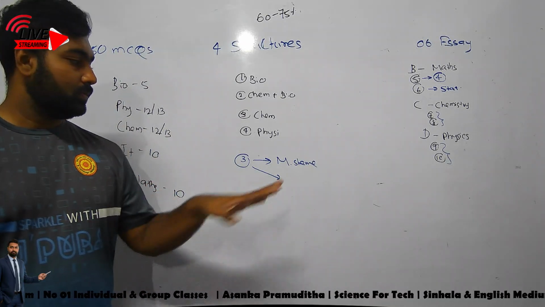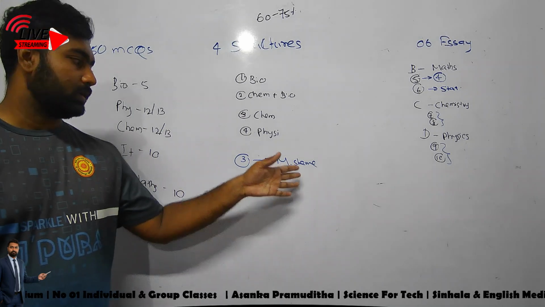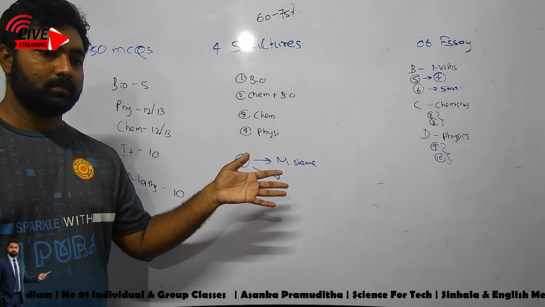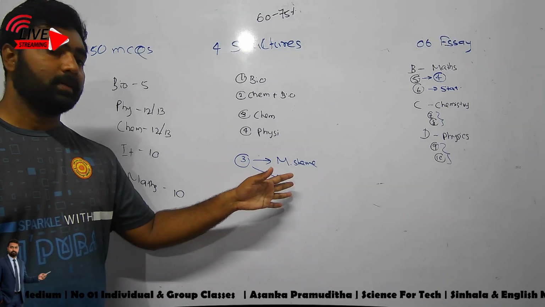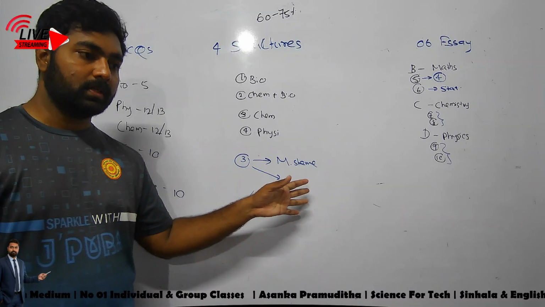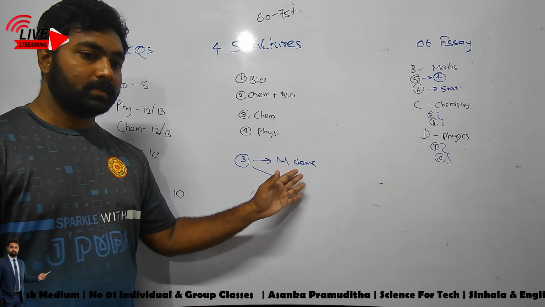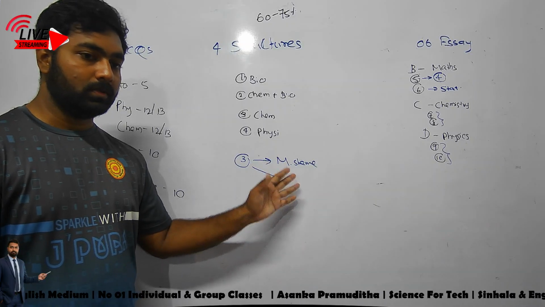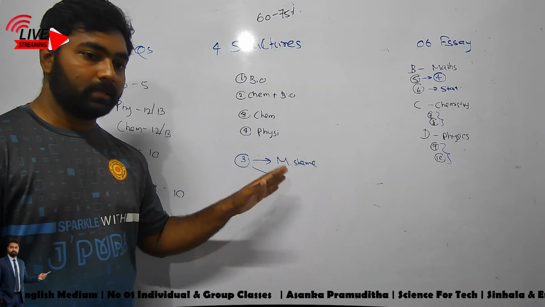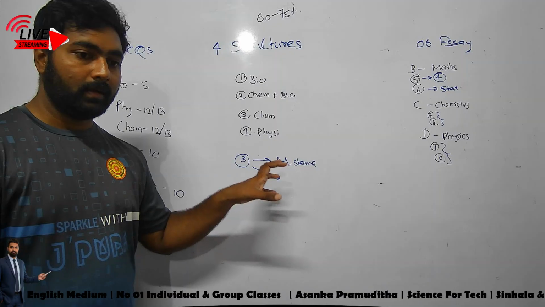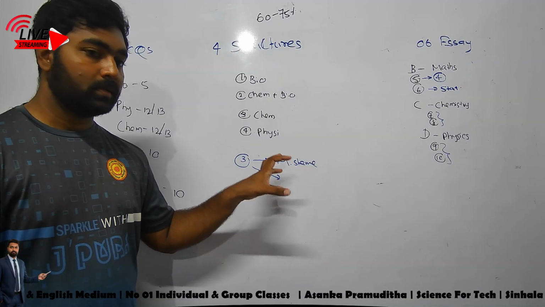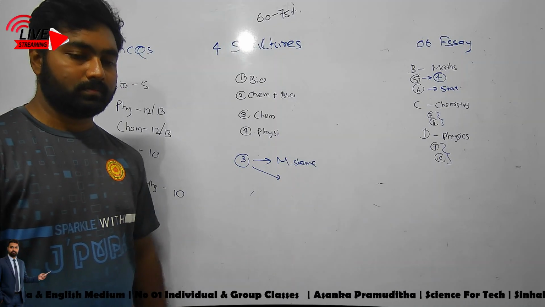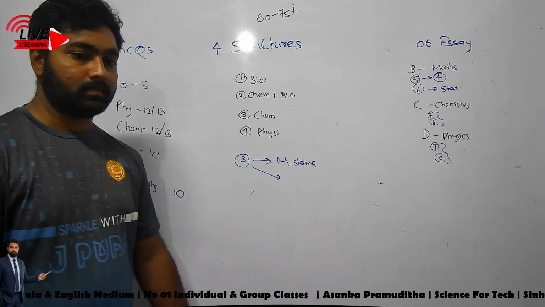I believe none of the classes are doing it like this. None of the classes provide a marking scheme and ask students to write according to it. From the beginning, I train you to write according to the marking scheme.